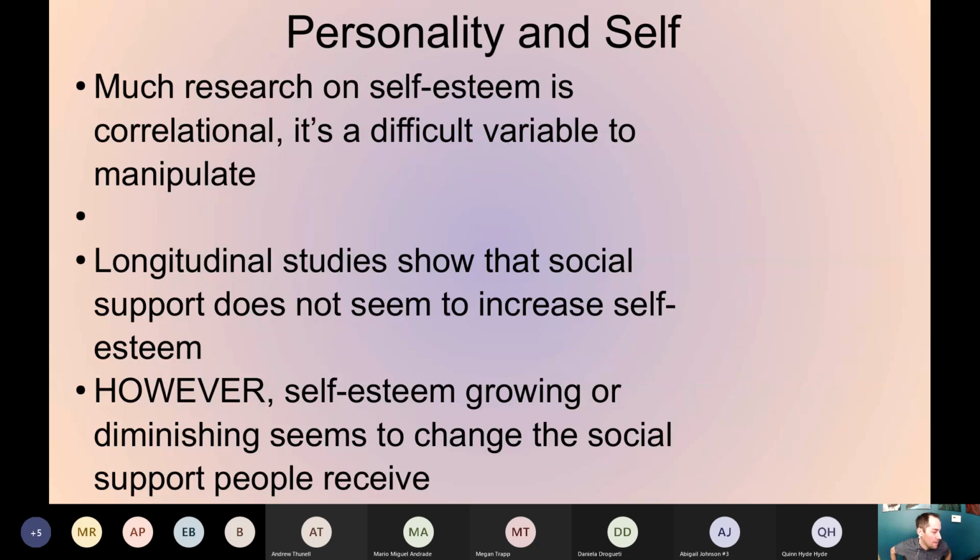So what do you think might be happening there? Why do you think some people might have, with their changes in self-esteem, also changes to the social support that they're receiving from peers, teachers, parents?